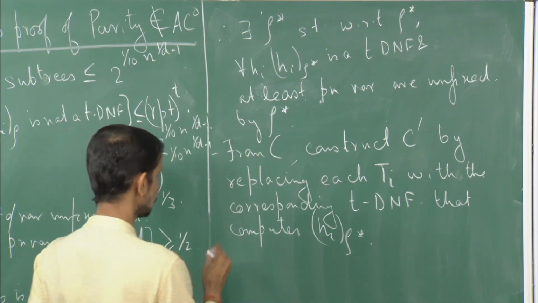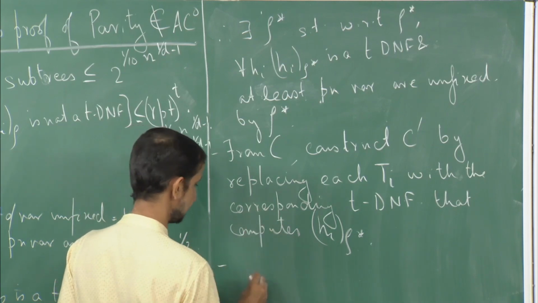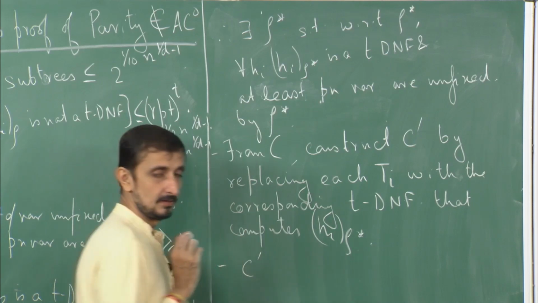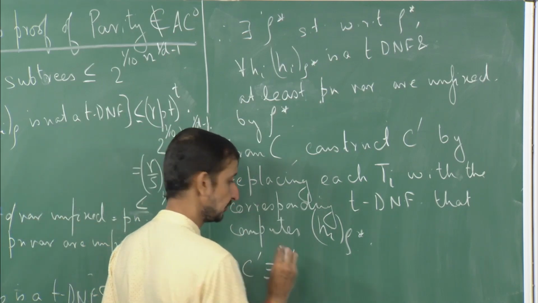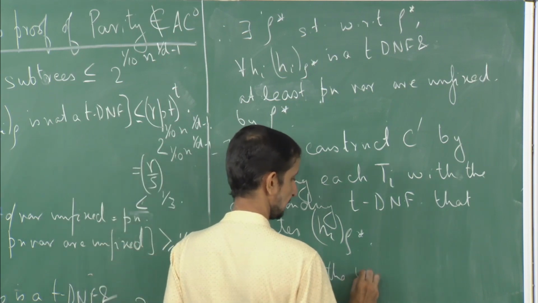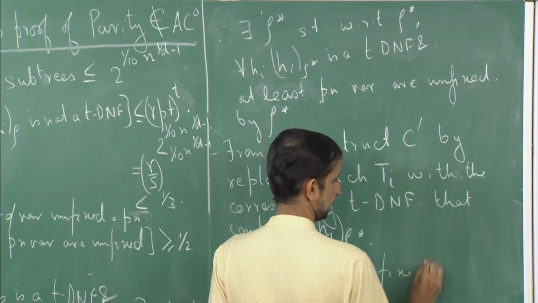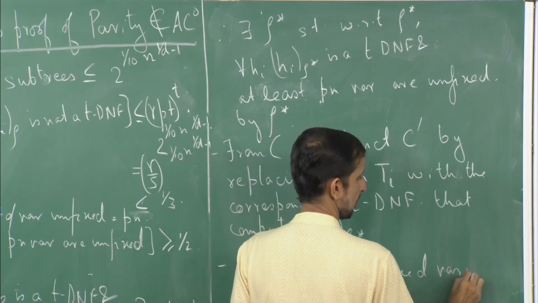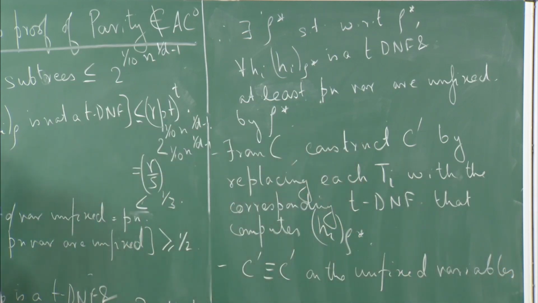Okay. Now what can I say about C and C prime? C prime is equivalent to C on the unfixed variables. Okay.